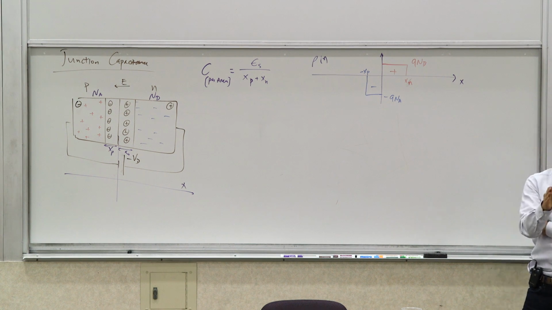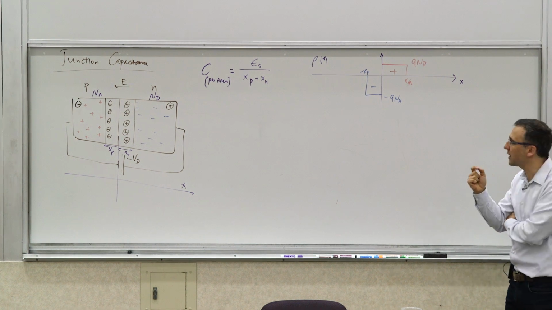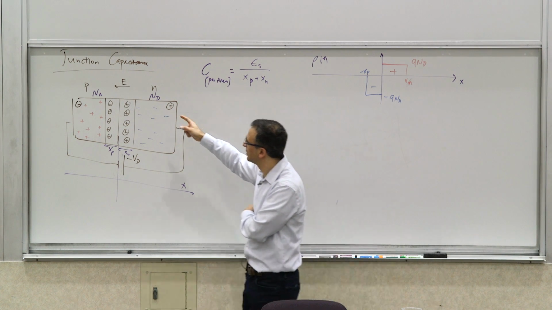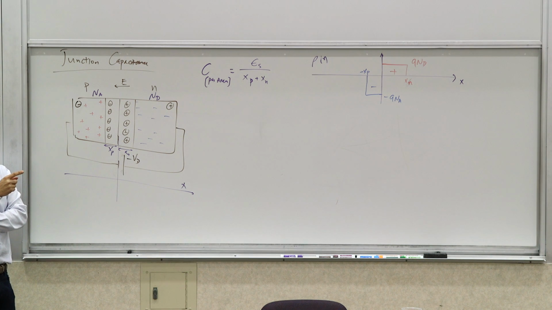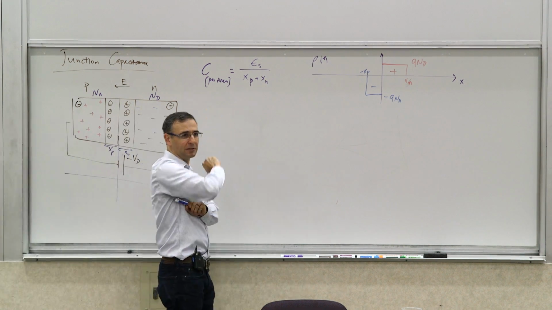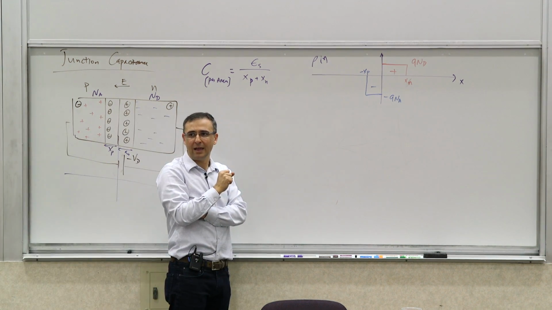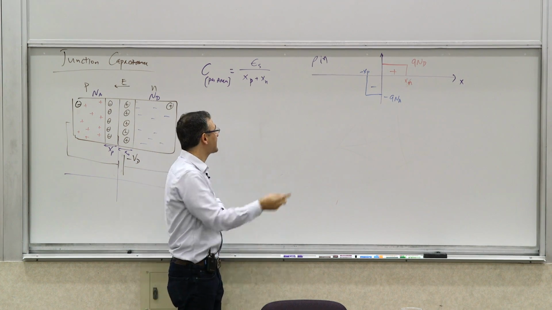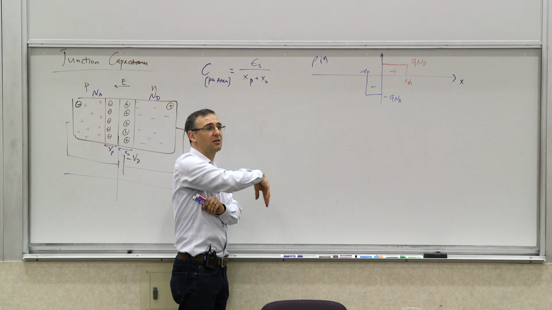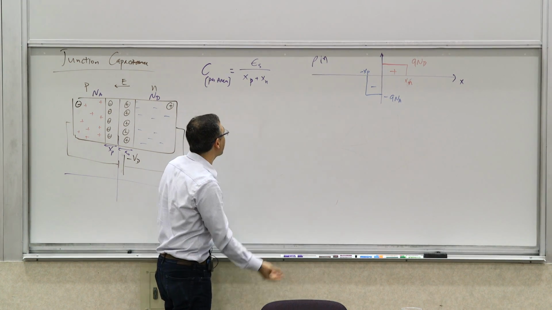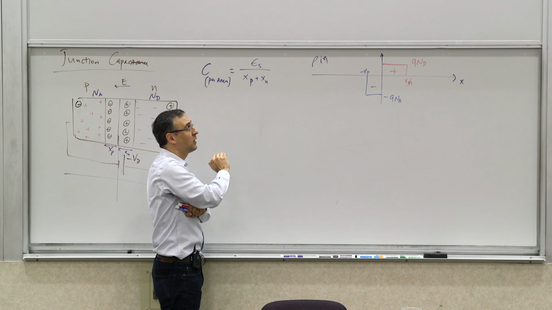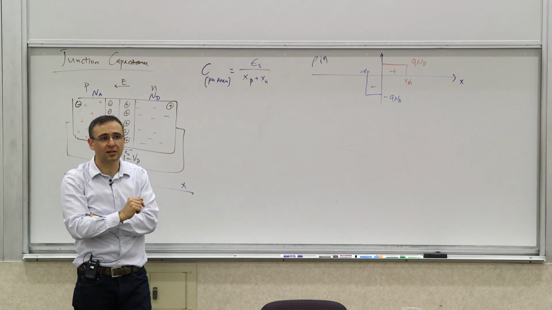into equations. What we are trying to do is find this electric potential as a function of xn plus xp, and then use that to solve for xn plus xp as a function of the electric potential, and then plug that xn plus xp back into this equation to find an expression for C in terms of the applied electric potential.